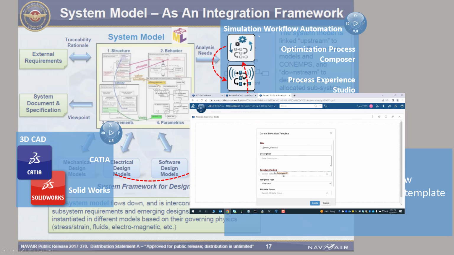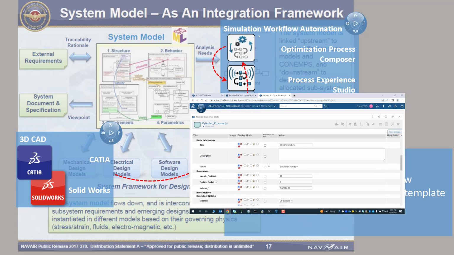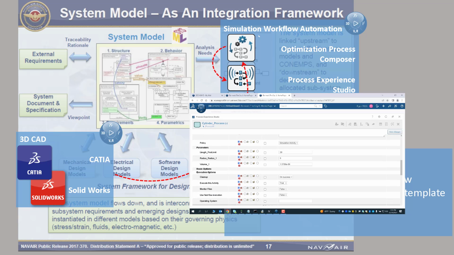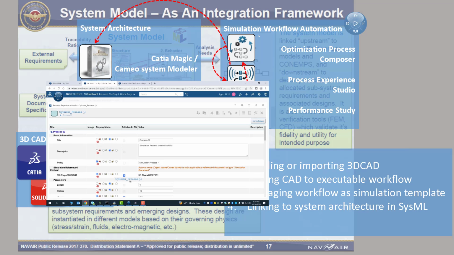Then we package this whole workflow as a parameterized template, which is reusable as linked data, so we can actually see those parameterized inputs and outputs. The next step would be to take that template.